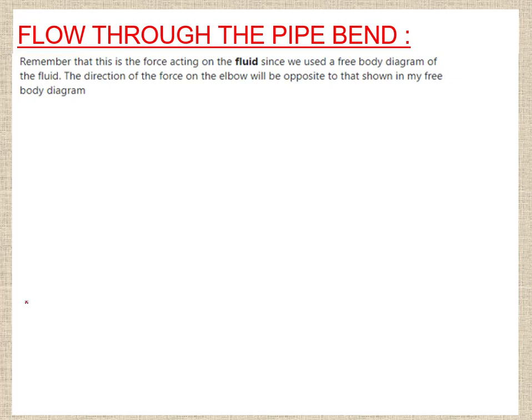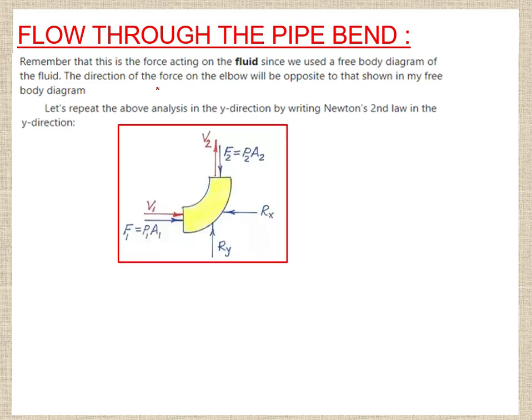Remember that this is the force acting on the fluid, since we used a free body diagram of the fluid. So the direction of the force on the elbow will be opposite to that shown in my free body diagram, according to Newton's law.